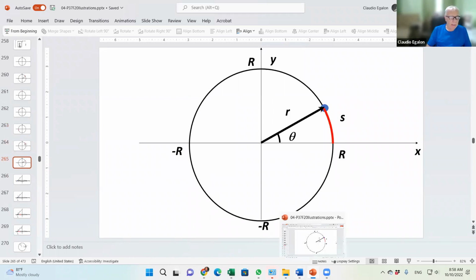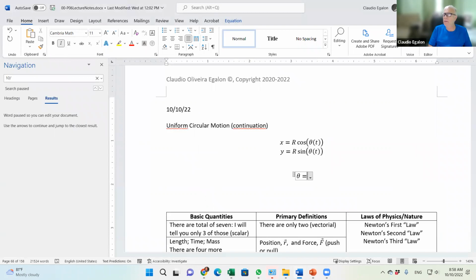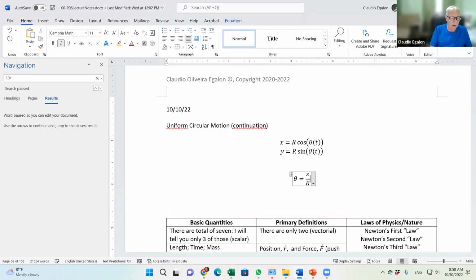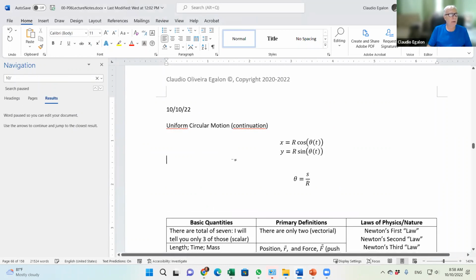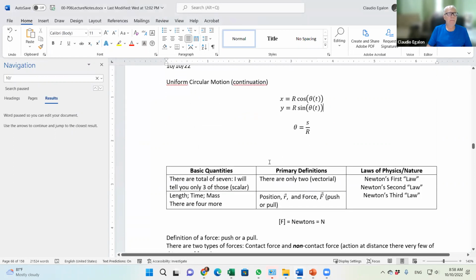And then we must have a relation for theta. The very definition of an angle is given in terms of the length of the arc divided by r. That's how we define angles. This s here is going to depend on the speed of the particle.